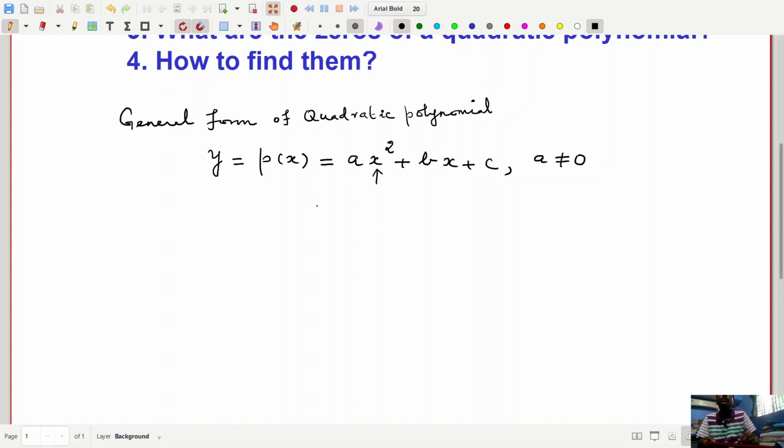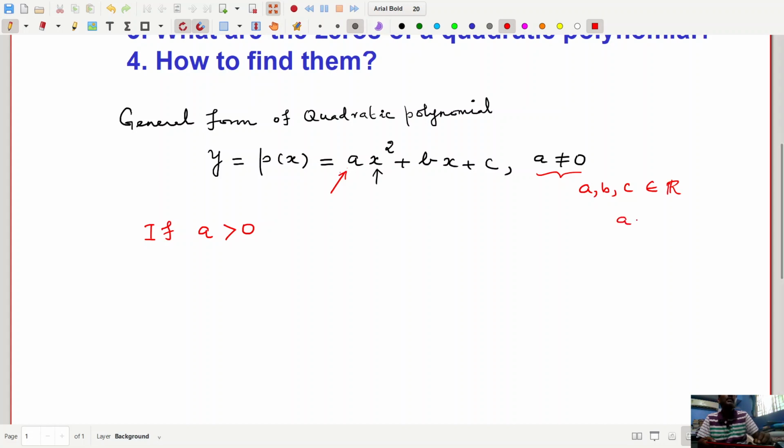Now let us look at the coefficient of x square, namely a. The value of a, as we have mentioned, should not be 0. Now a, b, c are all real numbers.